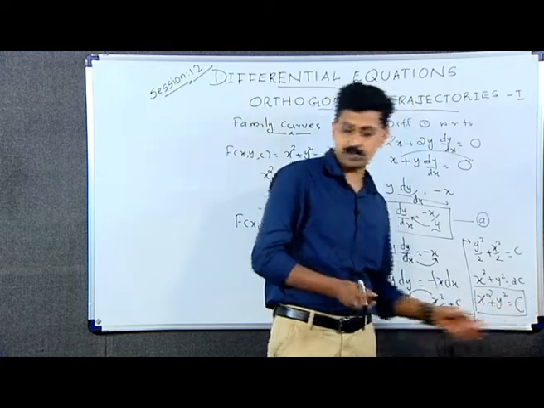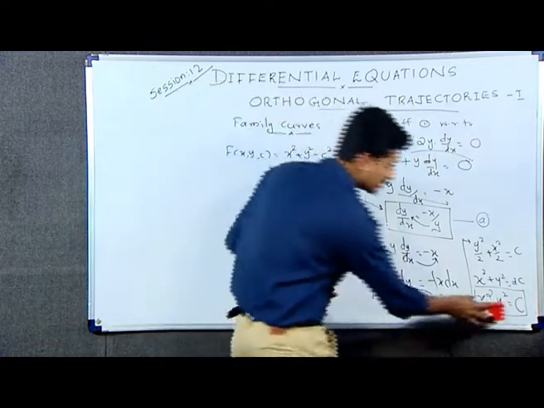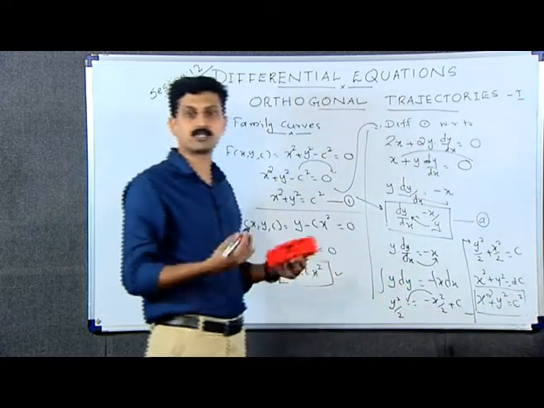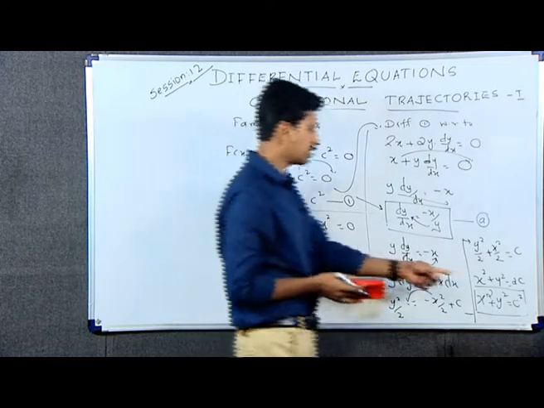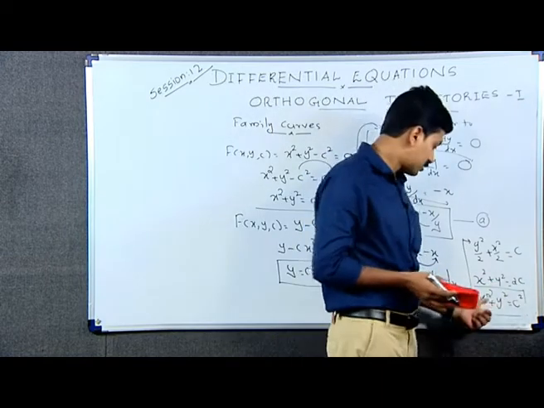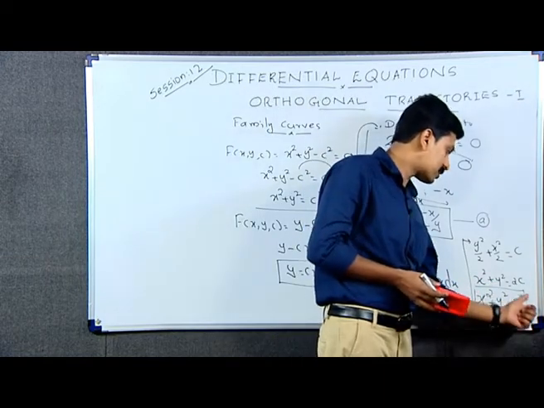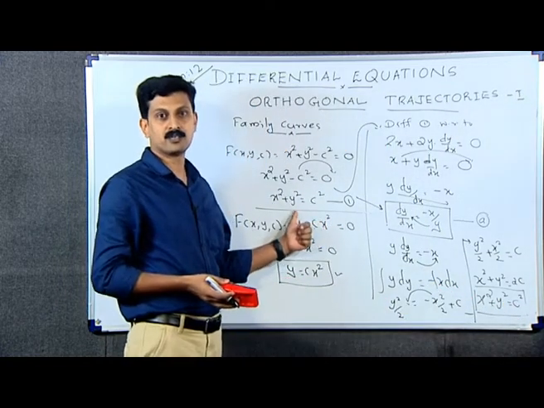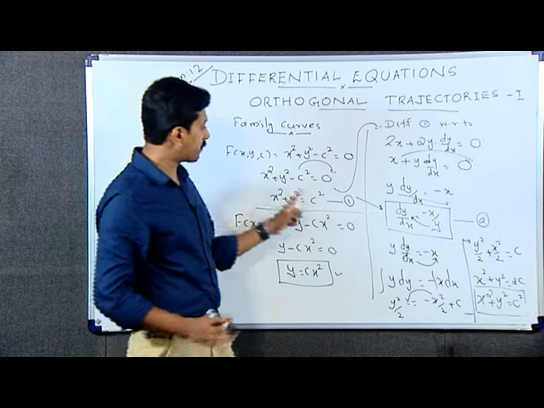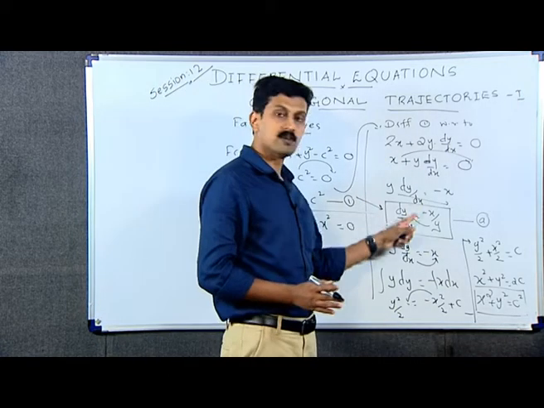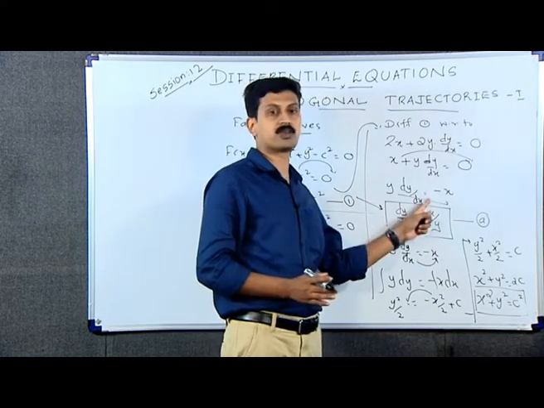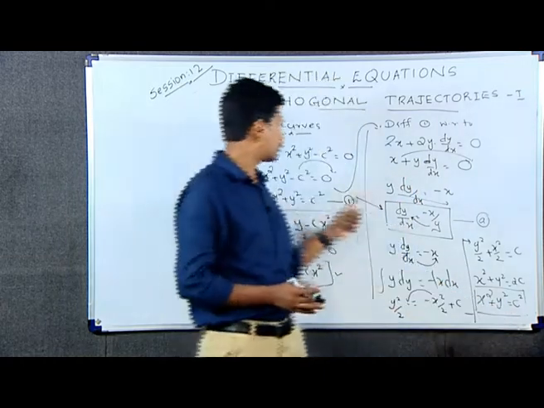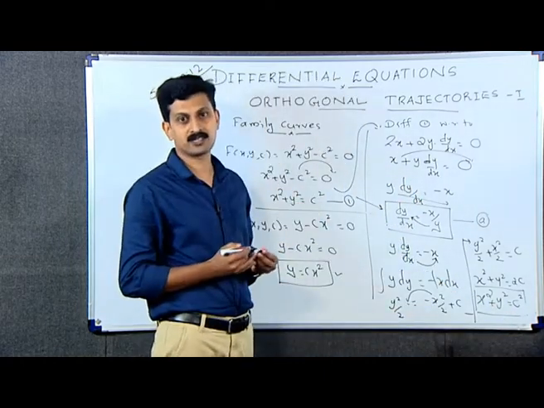Here this c we can rewrite as c square, or c dash square, it depends on the value. Because this is an arbitrary constant, we again arrive at equation 1. So, we can generate a differential equation from 1, and while solving that differential equation, we again arrive at this family of curves.